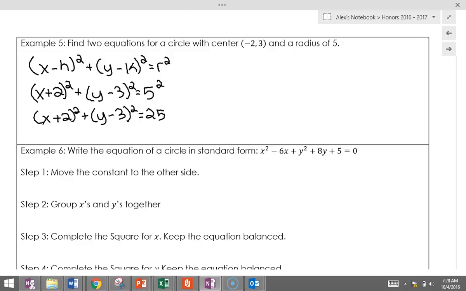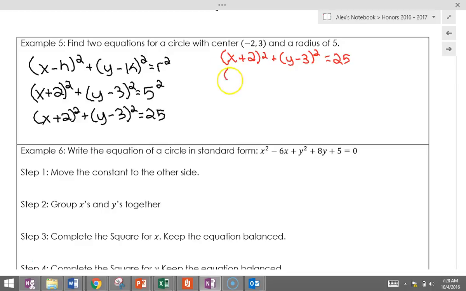So that's our standard form of the equation. That's what we were looking at yesterday. From this, we can get a general form of the equation. So I have (x plus 2) squared plus (y minus 3) squared equals 25. Basically all I'm going to do is expand it.